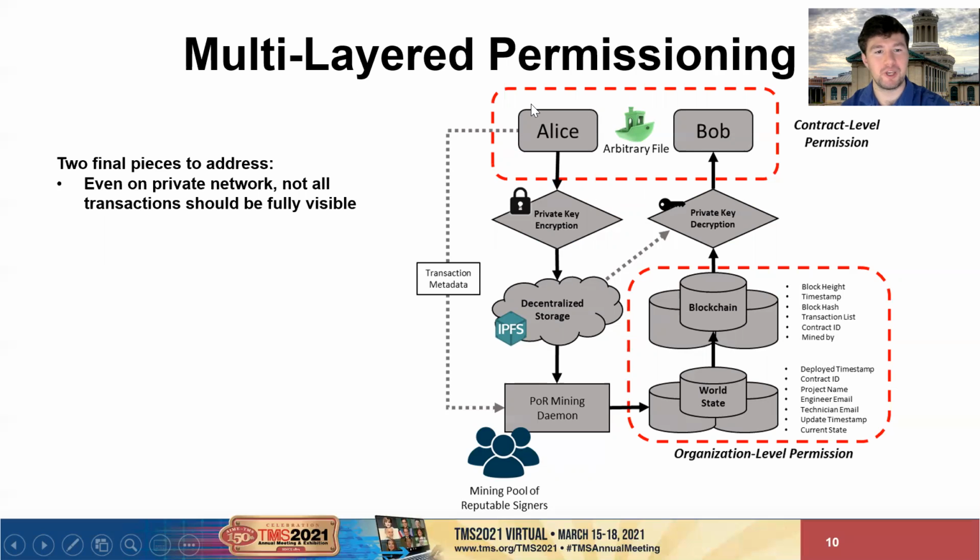So since only the parties who are actively engaged on that contract are going to have access to the files themselves, we're going to do that by encrypting these files to only be accessed by Alice and Bob. But we still need some sort of information to be represented on the blockchain, and that'll simply be the hash of these files that we talked about earlier.